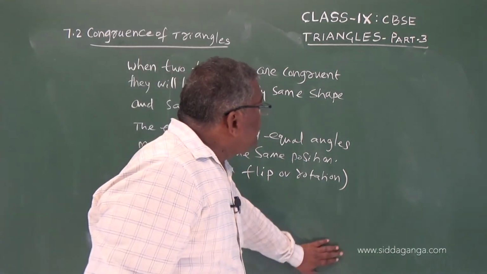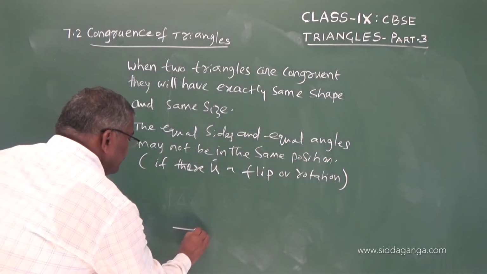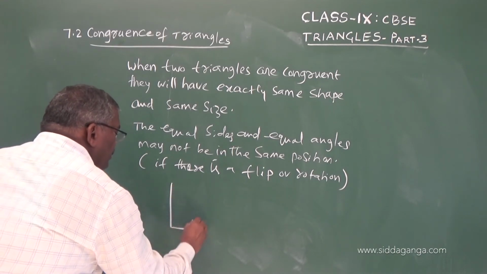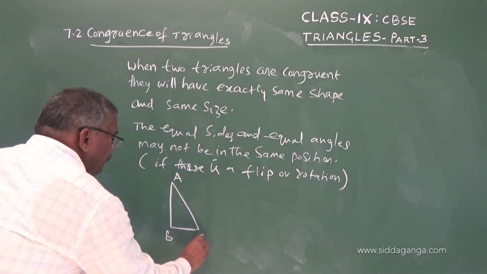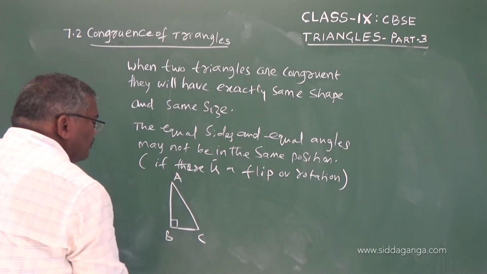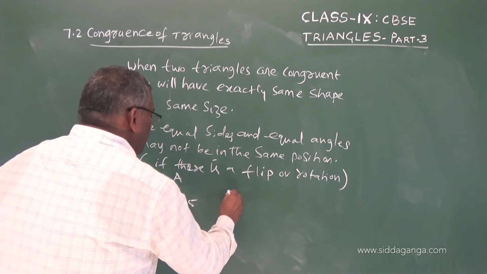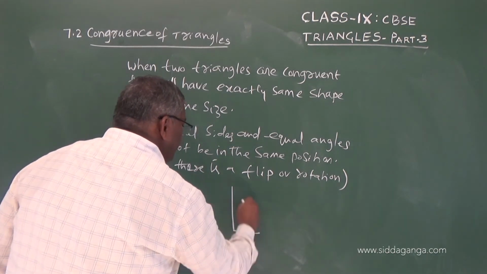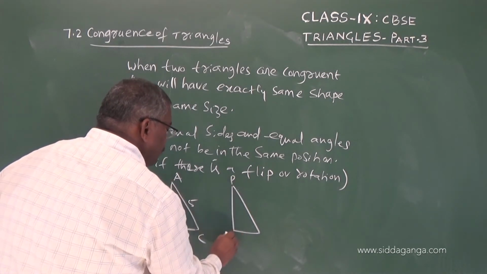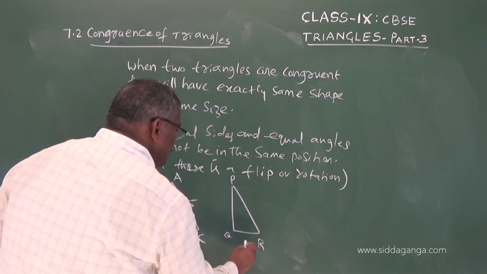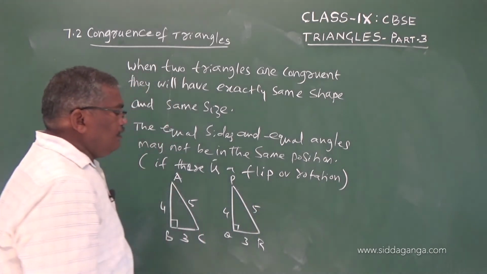So now you can take these two figures. This is ABC, this is 90 degrees. So let us say 3, 4, 5, and another triangle of same size and same shape. This is PQR. This is 3, 4, 5. This is 90 degrees.